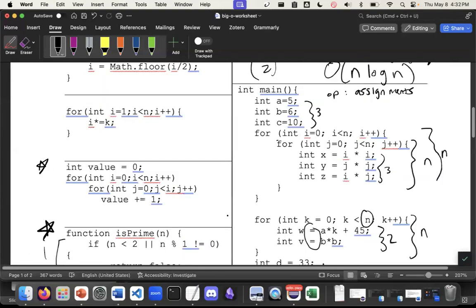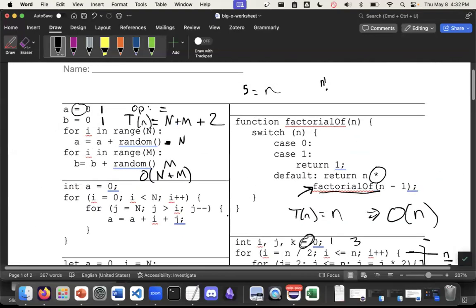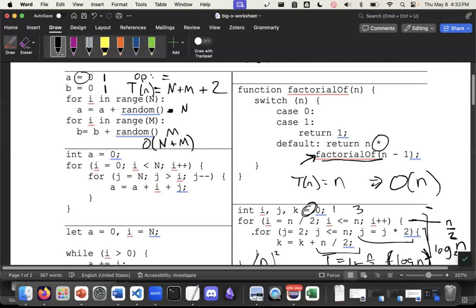Okay. Let me just tell you what the answers are for the rest of them. And then I will let you go home and figure it out. Okay, so this one ends up being, we do the outer loop. So in terms of how many times we're doing the inner loop, while j is greater than i, we work all the way down.